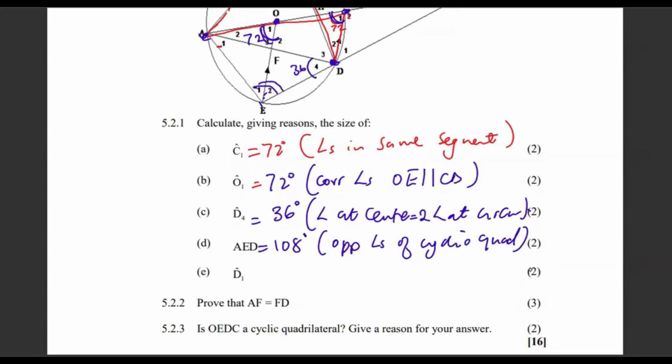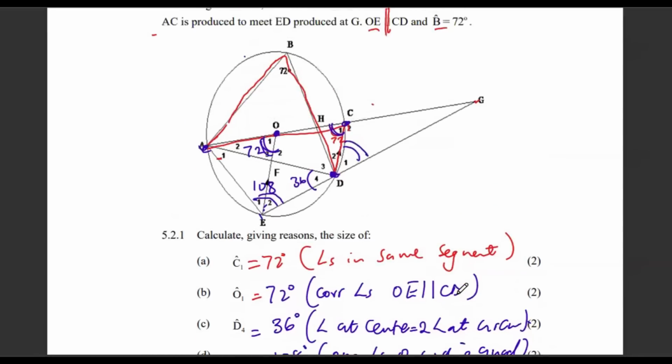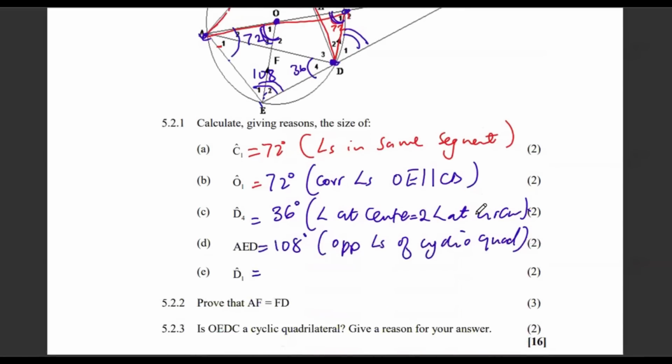Okay. And then if that is true, then we need to find D1. D1, which is here. We know that this D1 is going to be the exterior angle of the cyclic quad, meaning that it needs to be equal to the whole of A. Okay, so how many marks is that?